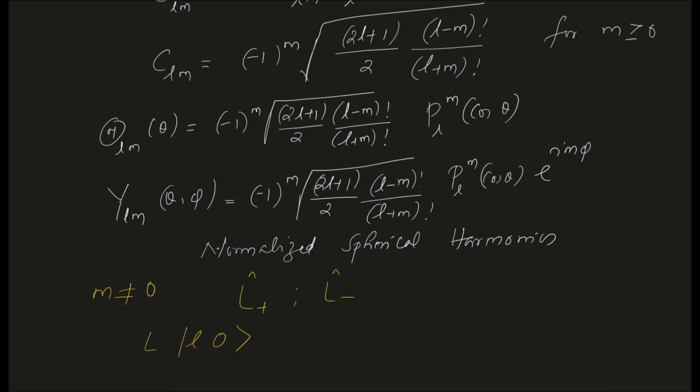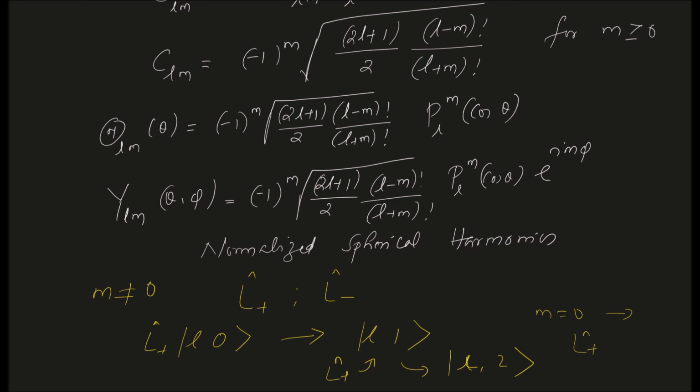Now if you act on this with this raising operator, we can reach the state L1, that is m is equal to 1 state. And if you once again act this L plus operator on this one, then that will give us state 2, like that. So higher states can be determined starting from m is equal to 0 by the action of the L plus operator.